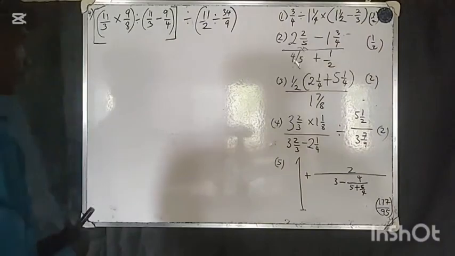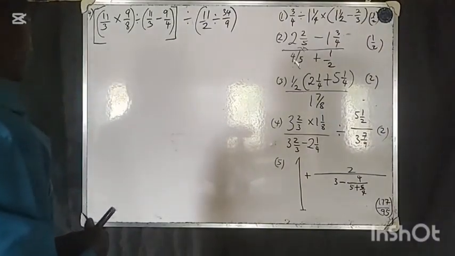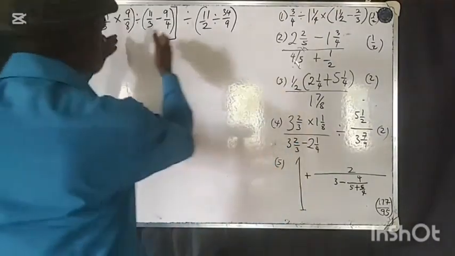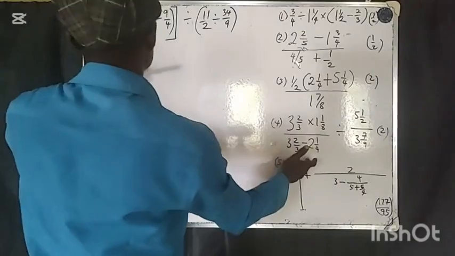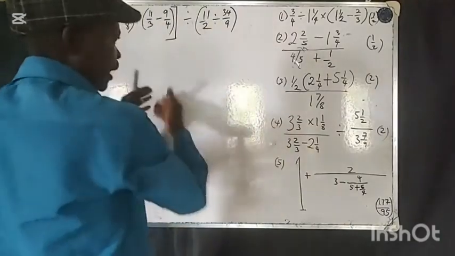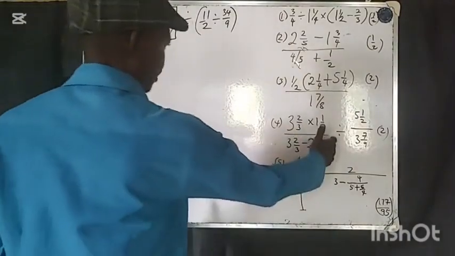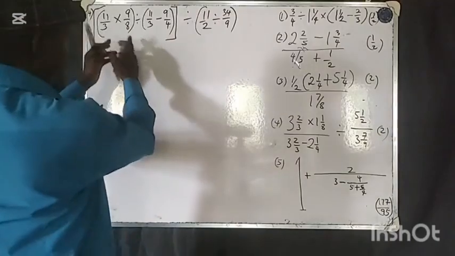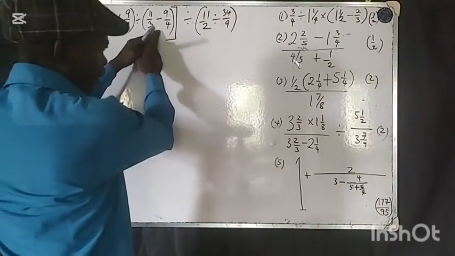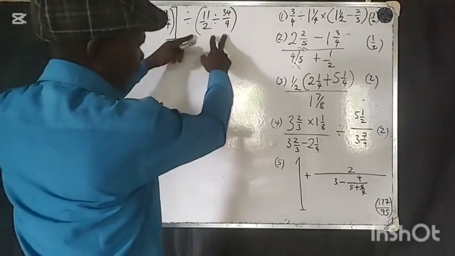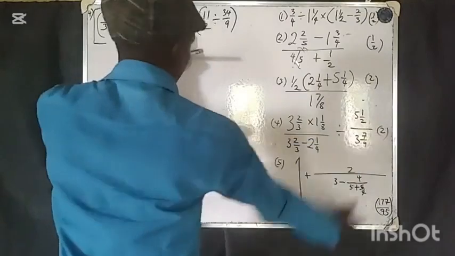So we have this now. Now let's solve it together. Everything on this side is this, and it is this divided by this. Everything in the bracket is divided by the right. Everything on the left is still on the left here. The numerator divided by the denominator, then all divided by this, the one on the right.